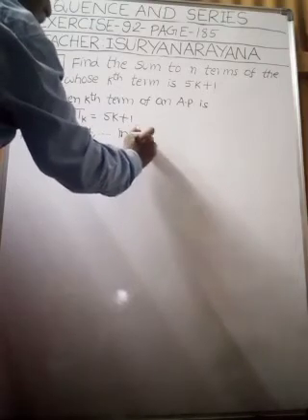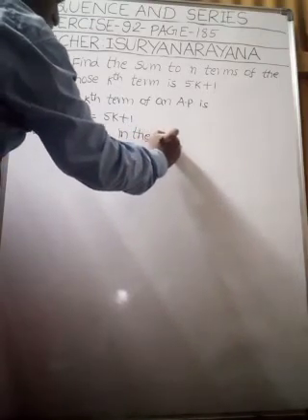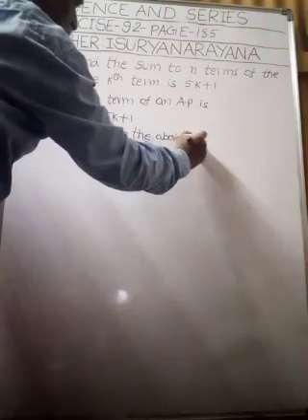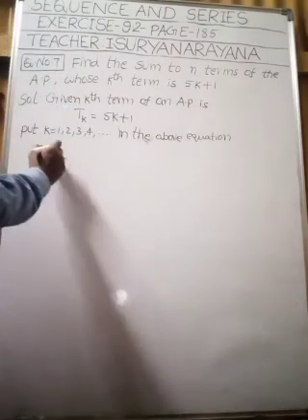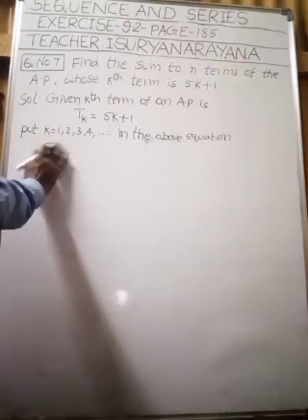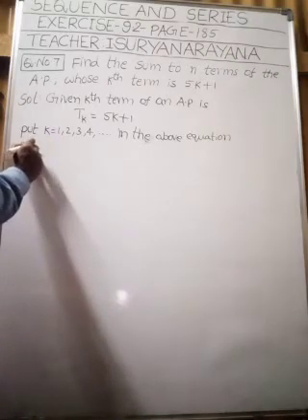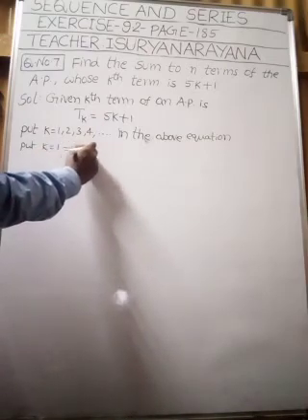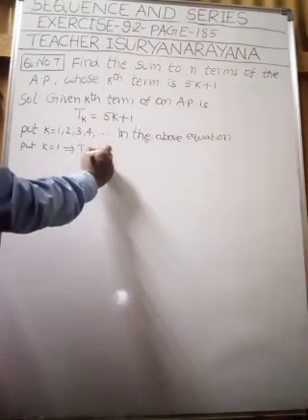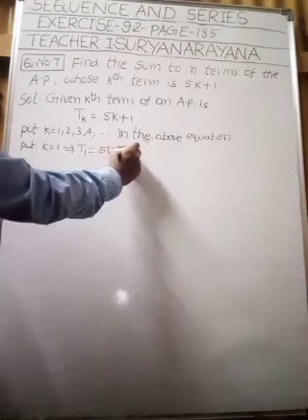In the above equation, then what will you get? Put k is equal to 1. This implies what will you get here? T1 is equal to 5 into 1 plus 1.